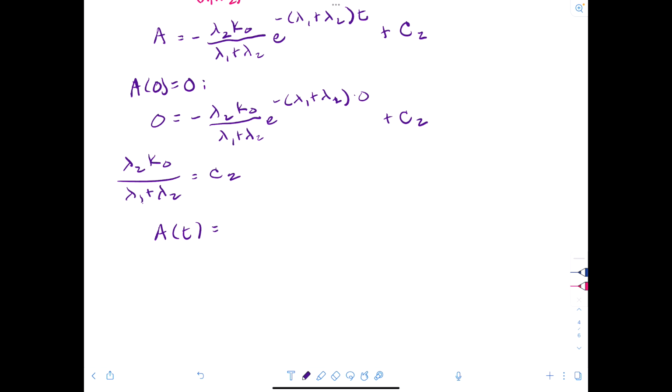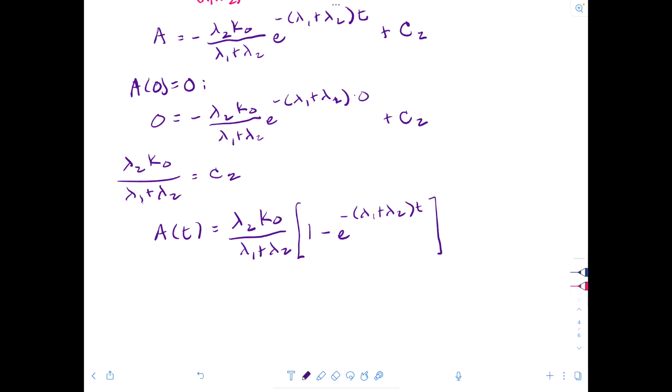notice that this coefficient will match, so factoring it out, we're going to have lambda 2 K0 over lambda 1 plus lambda 2 times 1 minus e to the negative lambda 1 plus lambda 2 times t.